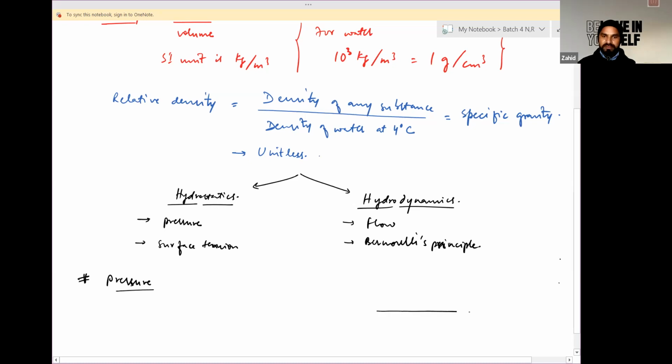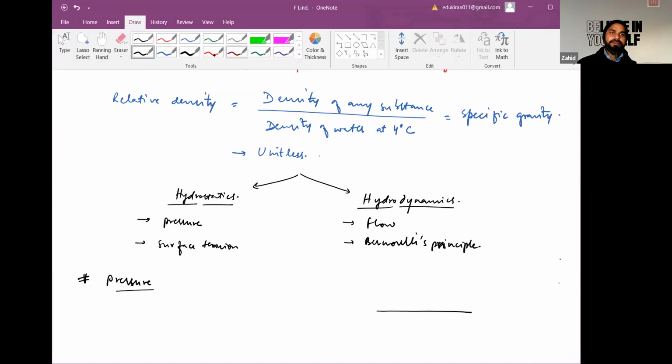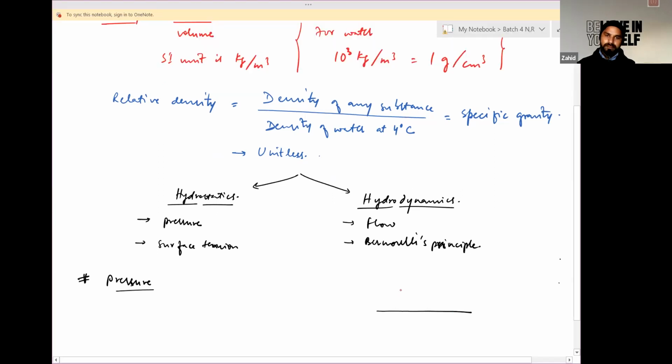Suppose you have a surface like this on which force is applied first along this direction and next along this direction, along this direction, in these three different cases. So in this middle part, force is perpendicular to this particular surface.